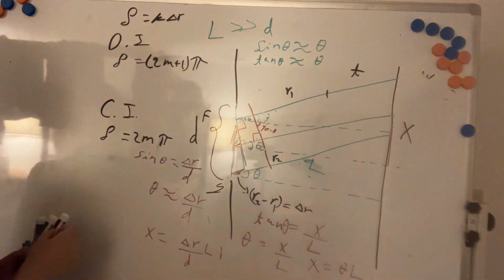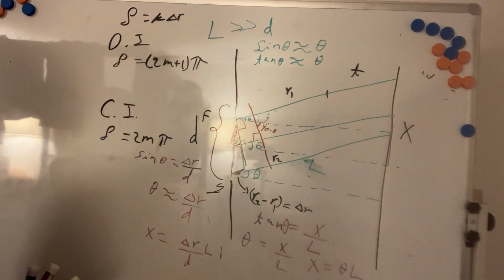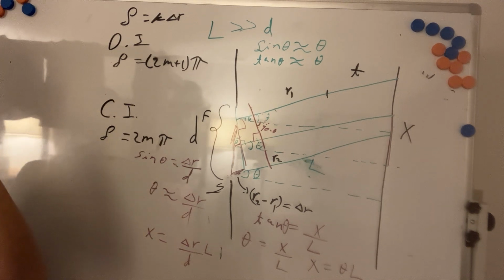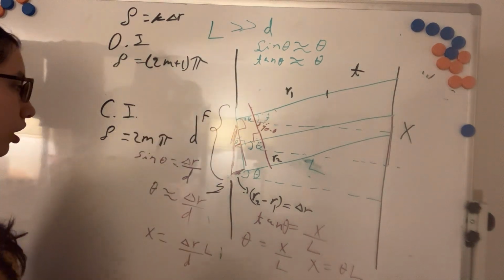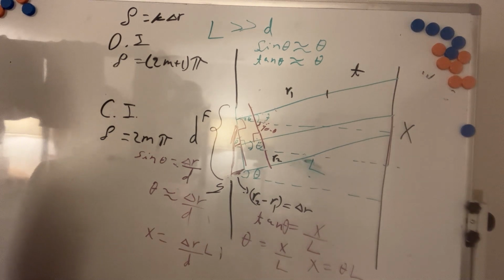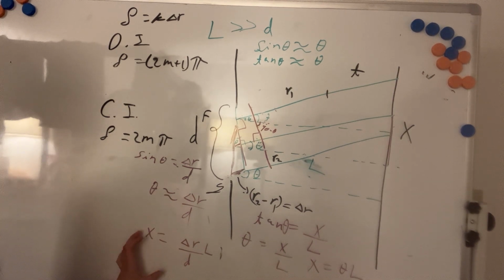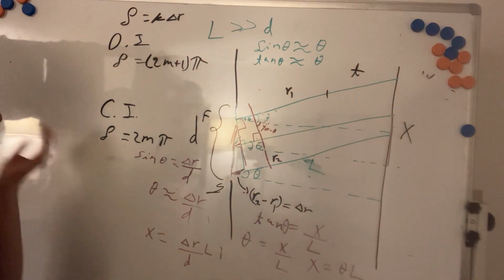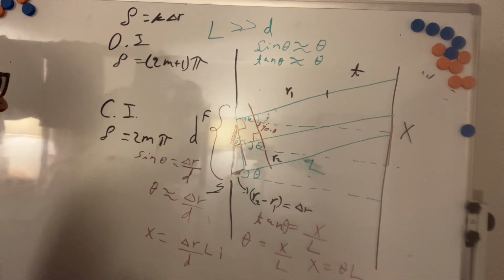So we need that the phase be 2 pi R. That would be the phase. In order to find the maxima and minima, we need to set up this equation for constructive interference and destructive interference.